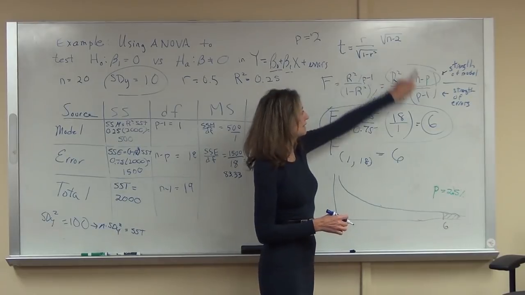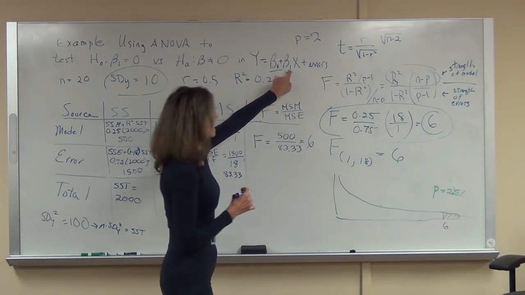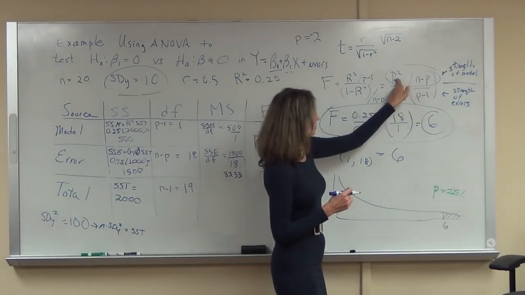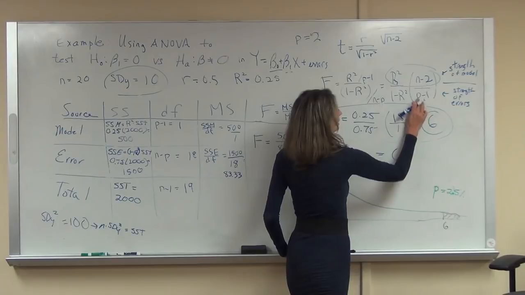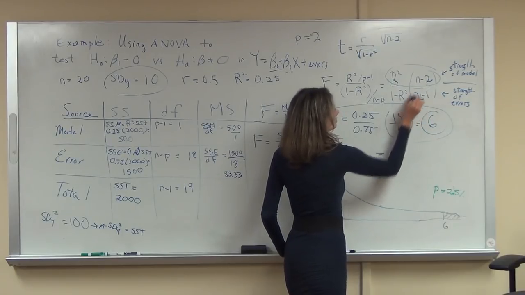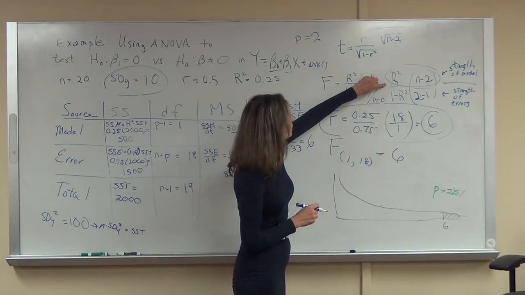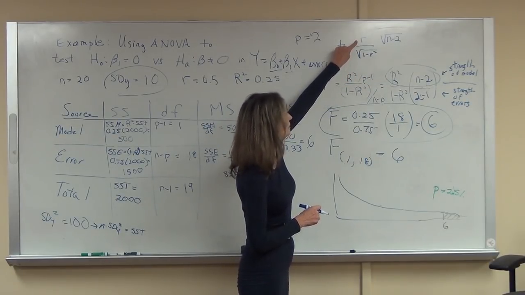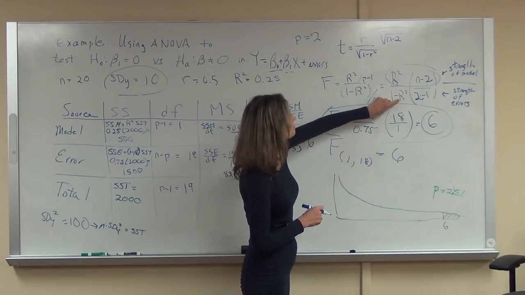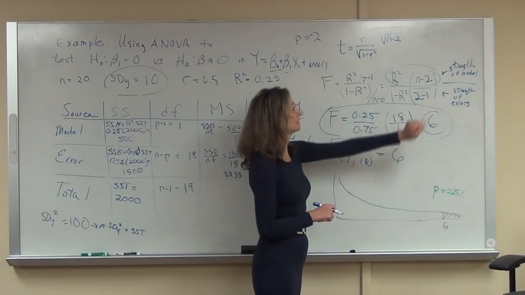Well, n minus 2, in this case, with 2 parameters for just a single slope, R squared over, this was a 2, and this was a 2, for the number of parameters. So can you see how the t squared, if we squared the t, we'd get R squared over 1 minus R squared times n minus 2 over 1.